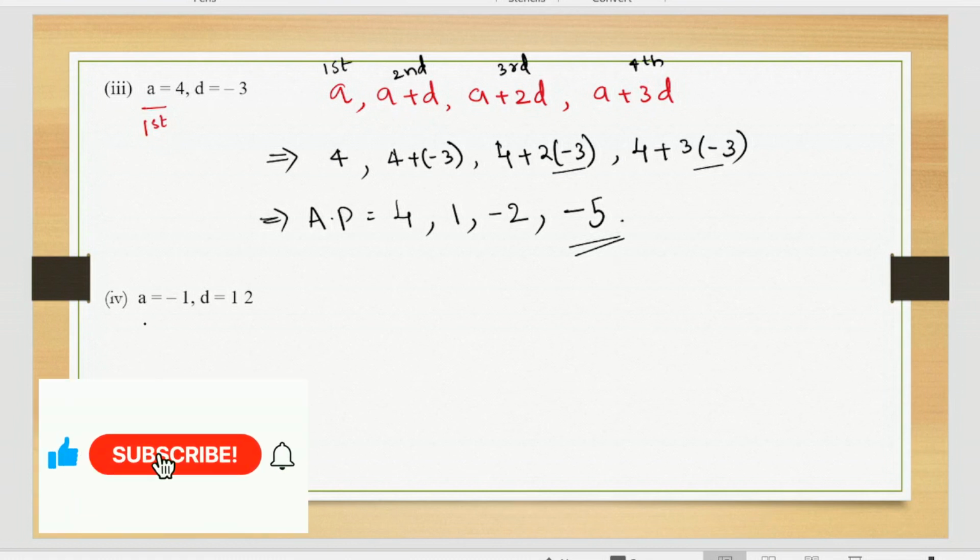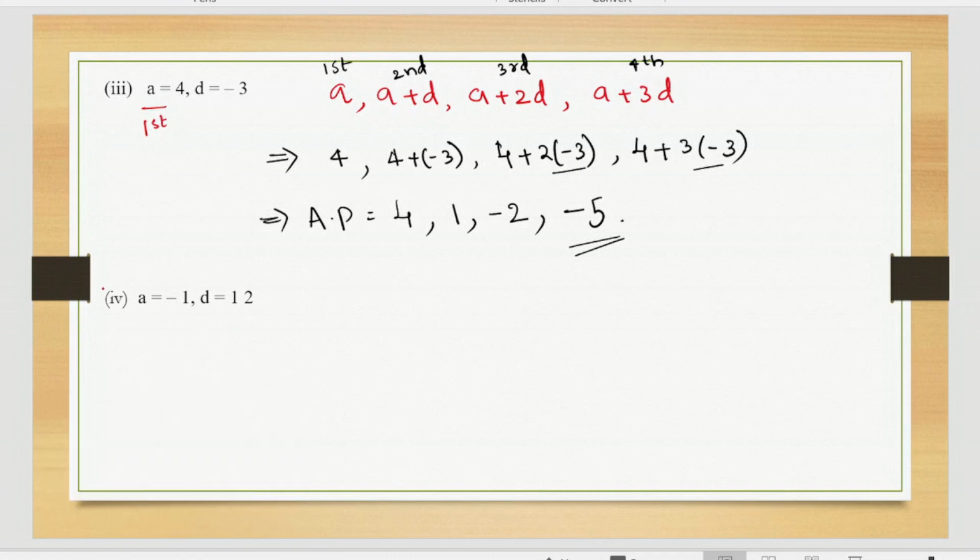The next question is A is equal to minus 1 and D is equal to 12. A is the first term and D is the common difference. How do we find the 4 terms of an AP? That is A plus D, A plus 2D and A plus 3D.